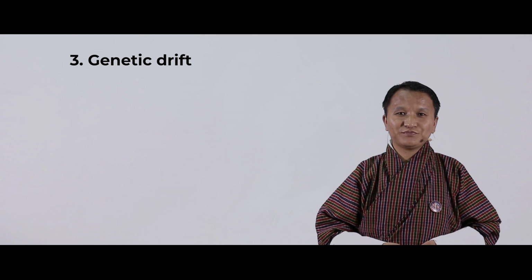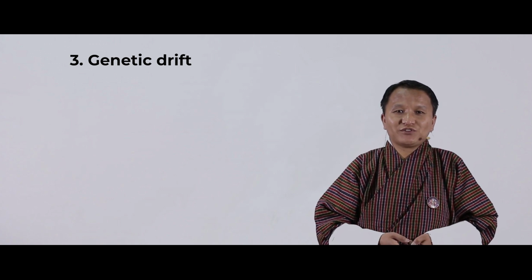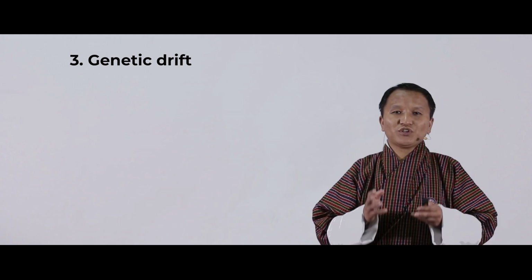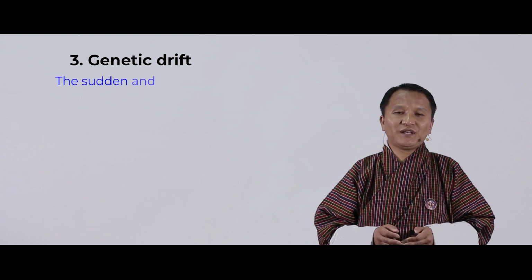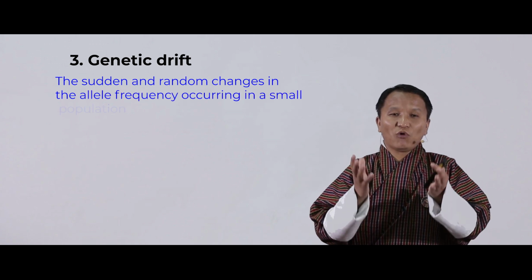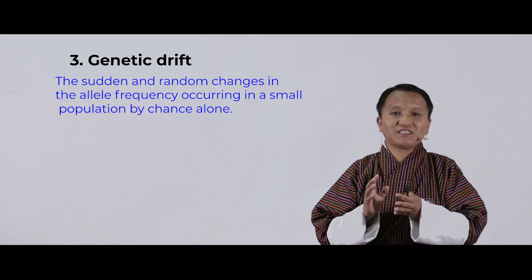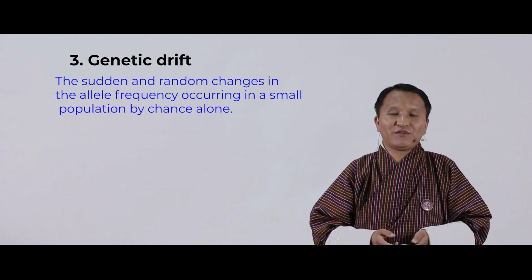Let us now look at the third reason, that is genetic drift. What is genetic drift? What do you think would be genetic drift? Genetic drift refers to sudden and random changes in the allele frequency in a small population which happens by chance alone. There is no other driving force.